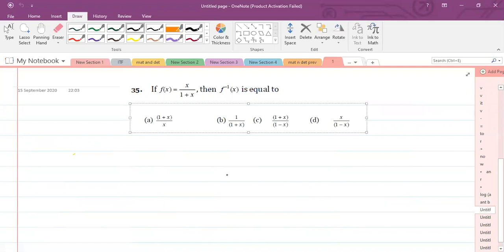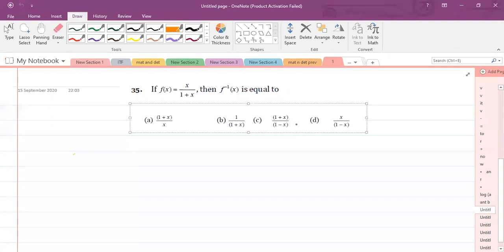Next problem. If f of x equals x divided by 1 plus x, then find f inverse of x. I will tell you a very simple shortcut.